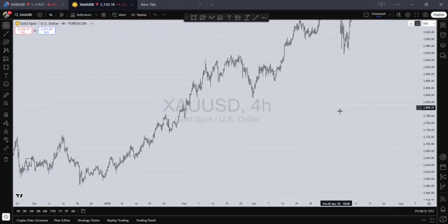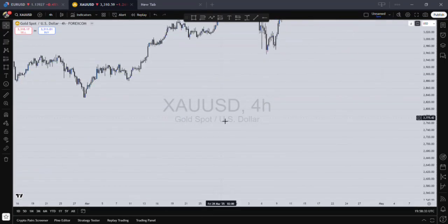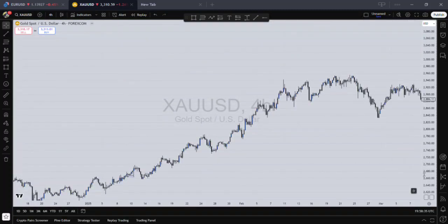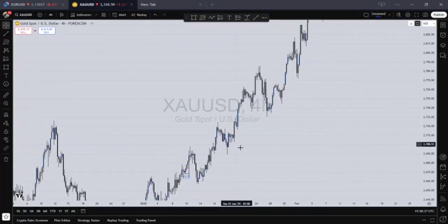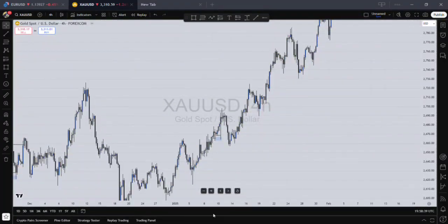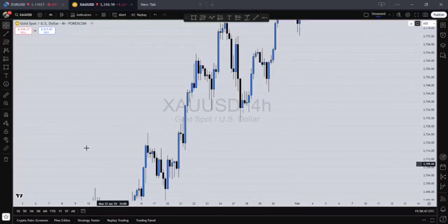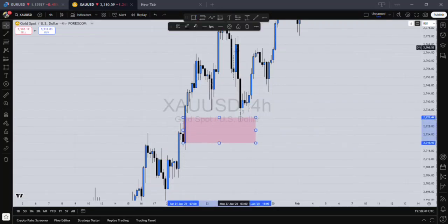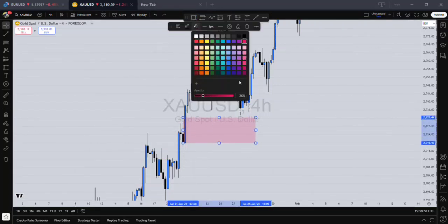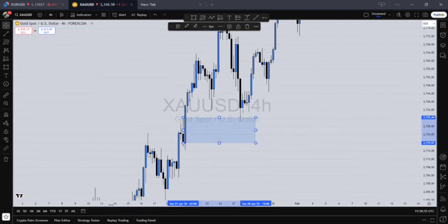When it uses it, after the 3rd break, it will now come and use that following demand after the 3rd break as the inducement. I always like it when it happens like that, because the reaction will be so impulsive, especially when there is a higher time frame target.